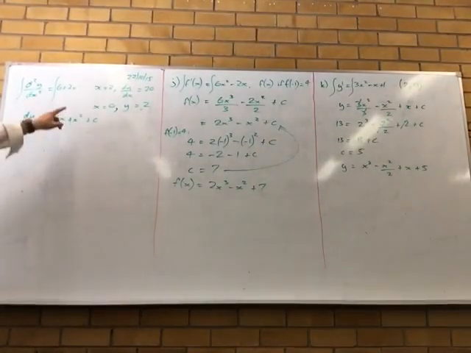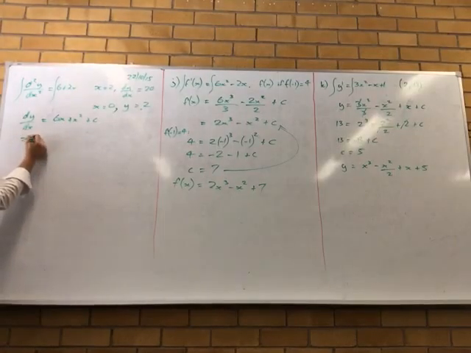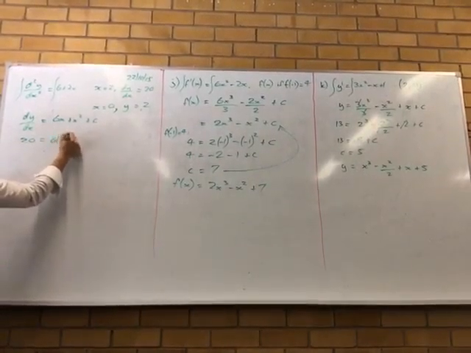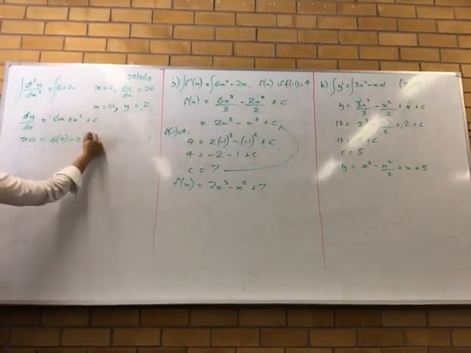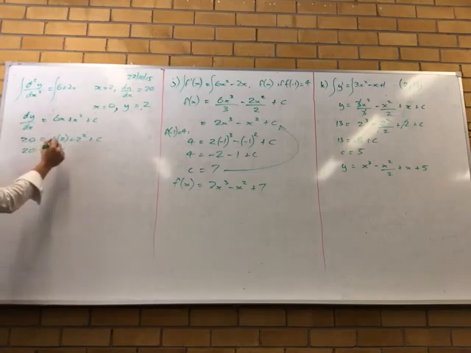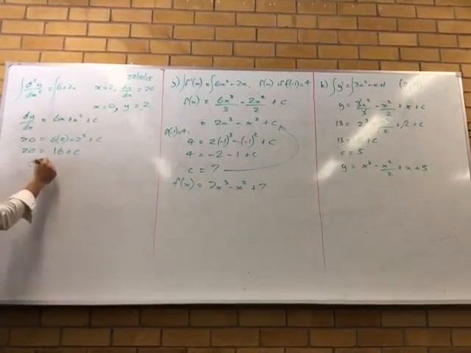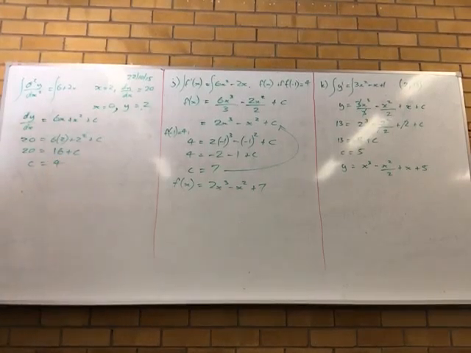Right, so we need to go back to the original condition. dy dx is 20 and x equals 2. So 20 is 6 lots of 2 plus 2 squared plus our constant of integration. So 20 is going to be 12 plus 4. So C is going to be 4.